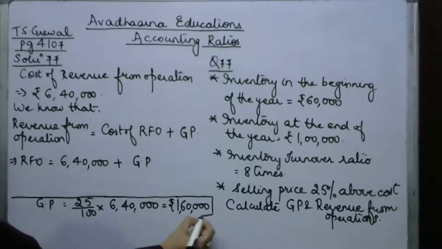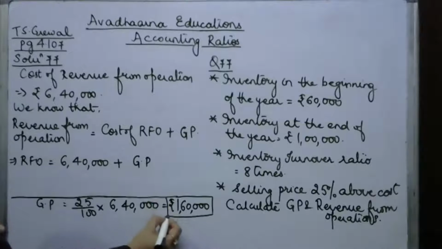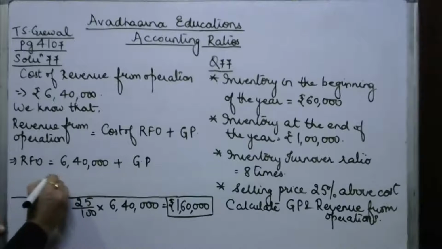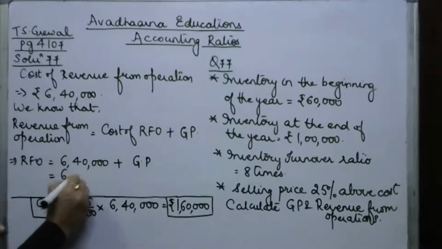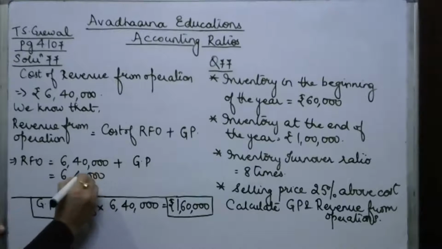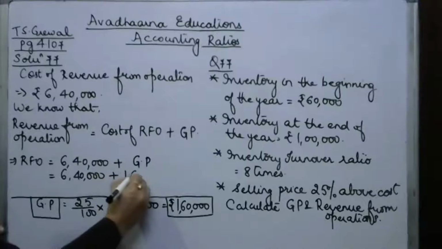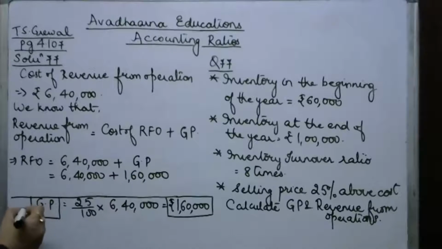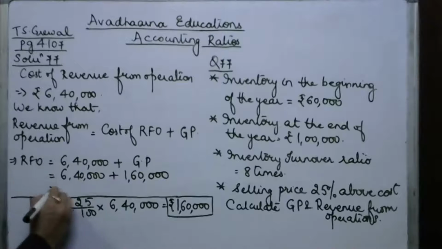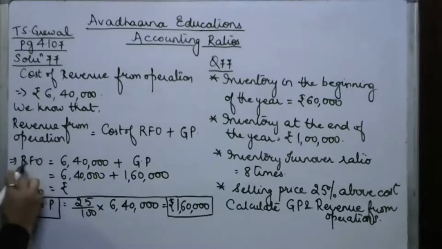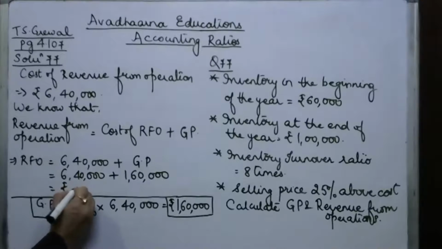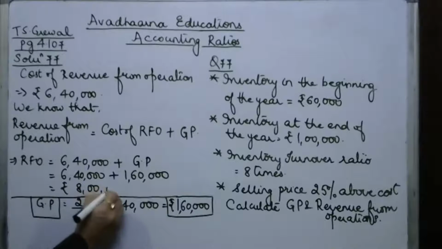Fine. So the gross profit in this question is 1,60,000. And if I add this gross profit over here, 6,40,000 plus your 1,60,000, fine, if I add these two, I'm going to get a figure of revenue from operation, that is net sales, which is nothing but 8 lakh.